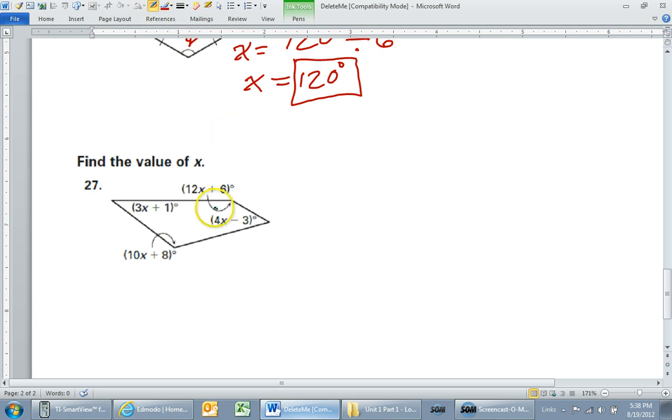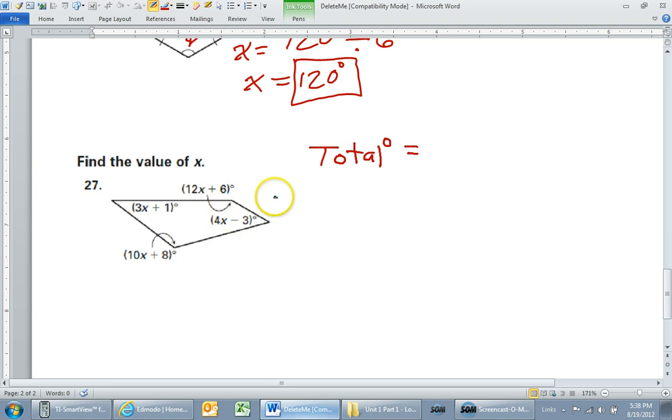Somebody also had a question about problems like this one, which is really almost the same as the two problems I just showed you. Again, you need to keep in mind the total degrees.